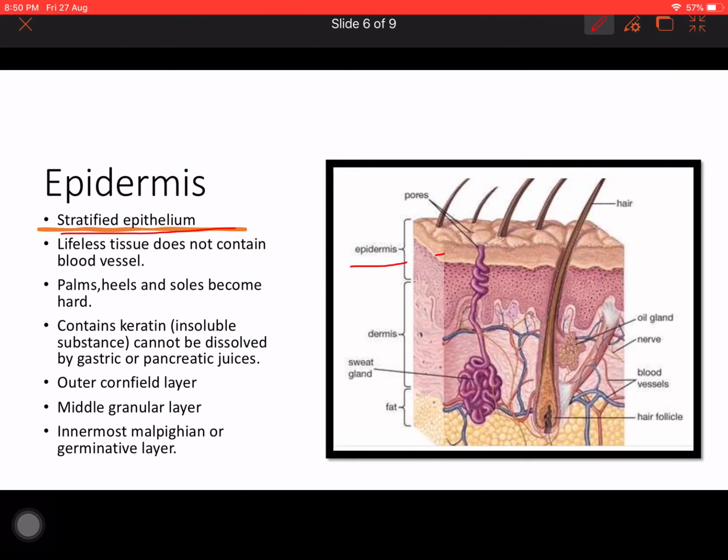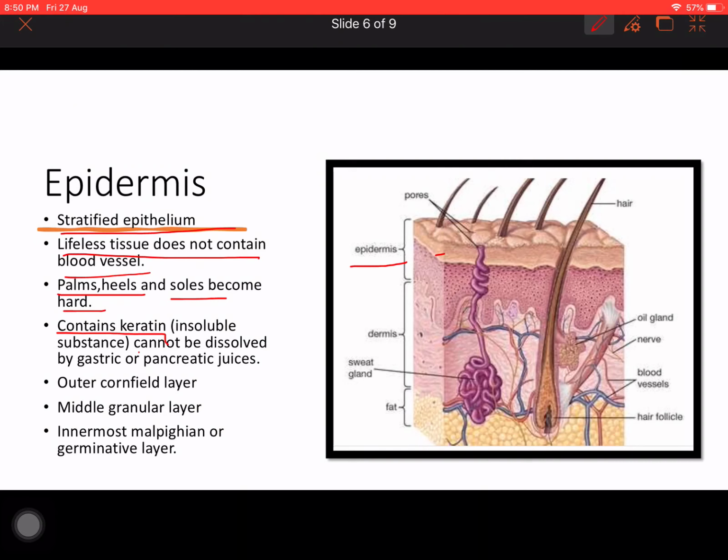Okay, it is lifeless due to not containing any blood vessels. Now, at places like the palms, heels, and soles, they become hard because of the wear and tear, the work that the palms, heels, or soles face, which makes the outer lifeless layer of the skin very hard.